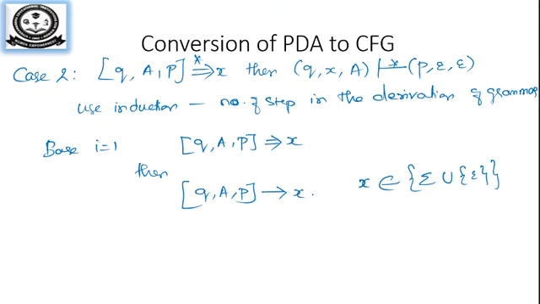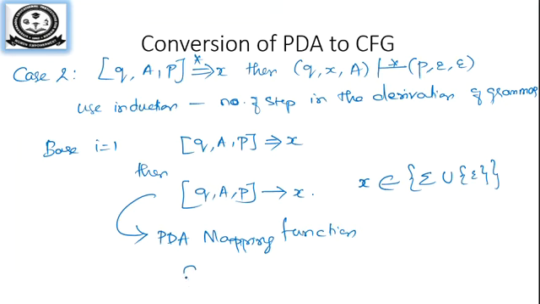Now coming to the mapping function, we'll see the mapping function for this. What will be the mapping function with this production rule in the PDA? The mapping function in the PDA is going to be the transition function δ. So δ will be, from q for the input x with the top of the stack symbol A, I will perform (p, ε).